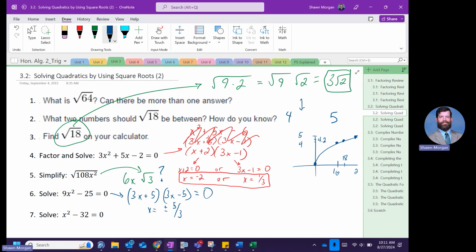Now, I am going to push you guys this year, figuratively speaking, I am going to push you to go from this step to the answer. This step to the answer. Binomial in the parentheses to the answer. That is my goal. I'm going to be pushing you to get there. If you're not there yet, that is okay. Take your time, show your steps, subtract 5 divided by 3, add 5 divided by 3.